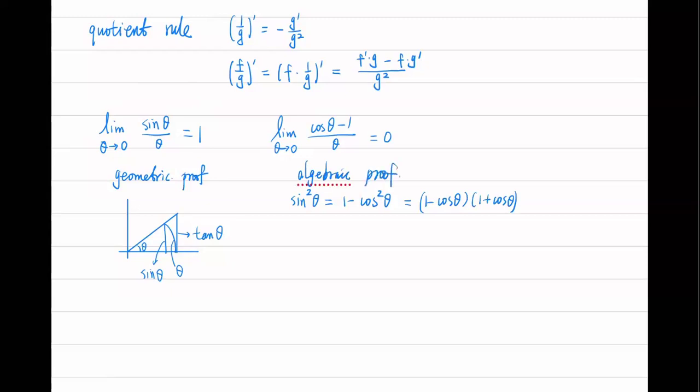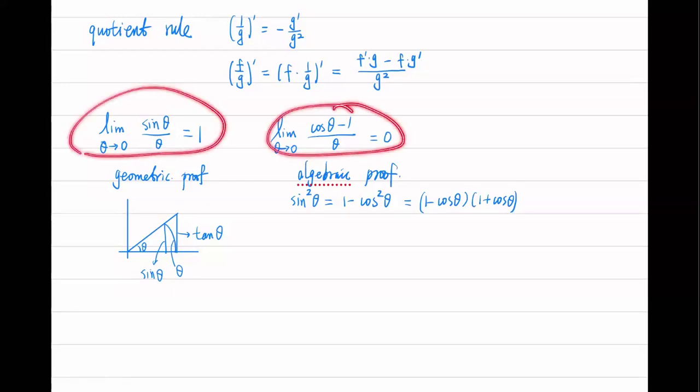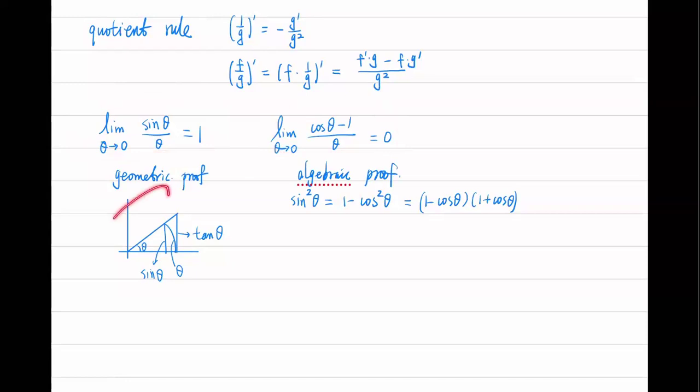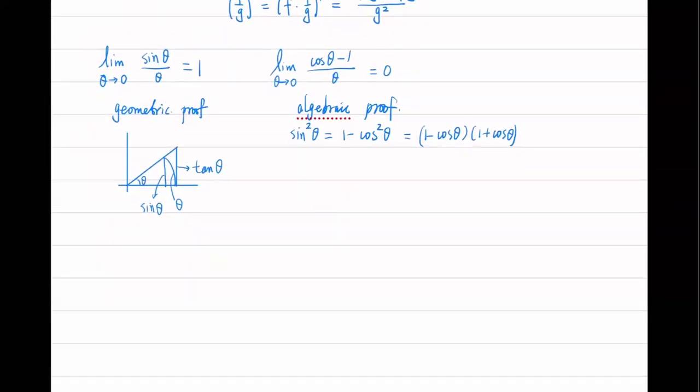Okay, so we not only know the limit, but we also know how we arrived at this limit. Then another interpretation of these limits. The first interpretation: this can be viewed as the limit of the sine function.